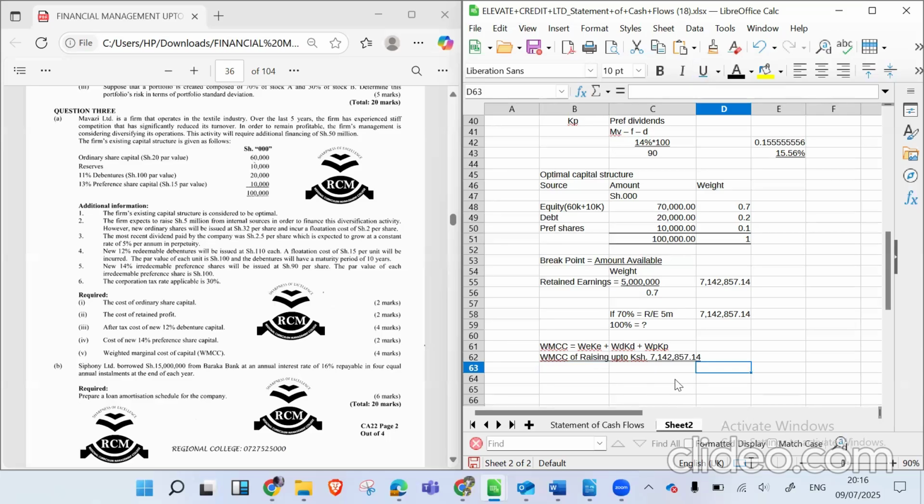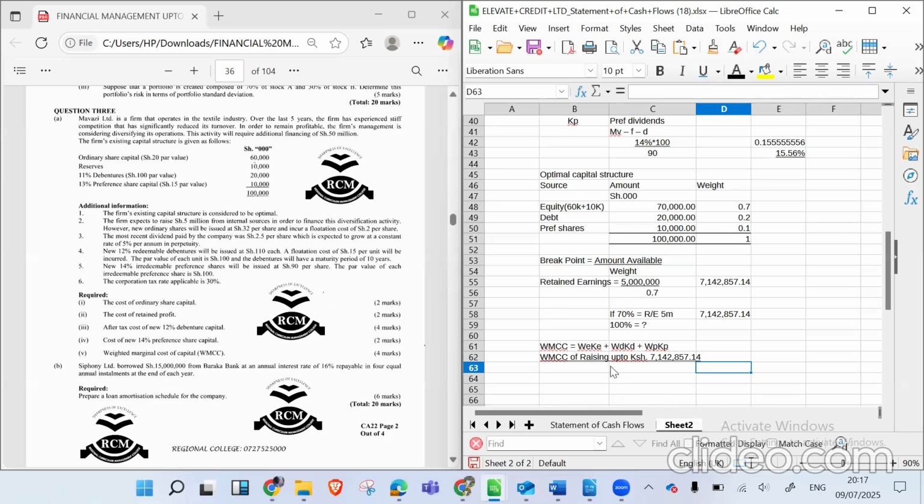And when I'm raising up to 7.1 million, equity is coming from the retained earnings. Breakpoint inanisaidia tu kujibu swali moja. At what time do I stop using retained earnings as my equity so that now I shift to ordinary shares? I'll stop using my retained earnings as equity when I reach this limit.